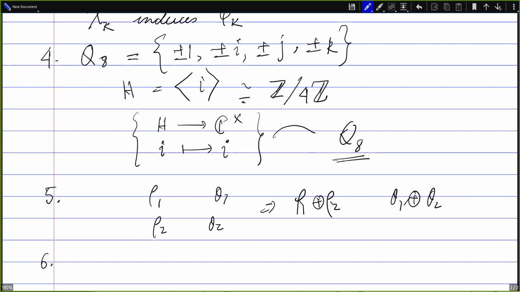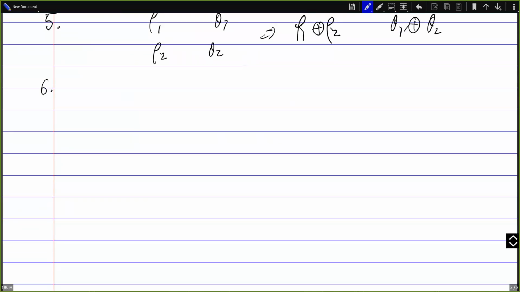Then the next thing will show how it behaves with tensor products. So suppose rho is induced by theta and rho dash is any representation of G, then rho tensor product rho dash, which is a representation of G, is induced by theta tensor product rho dash restricted to H. So I leave all these verifications to you.